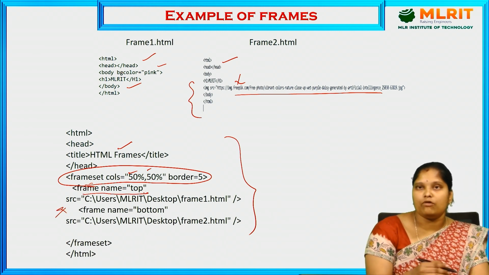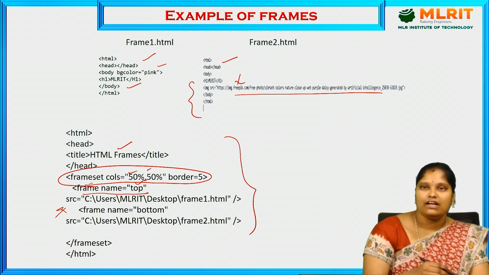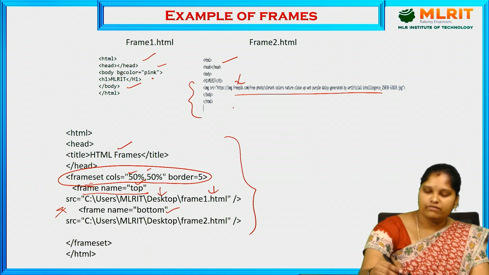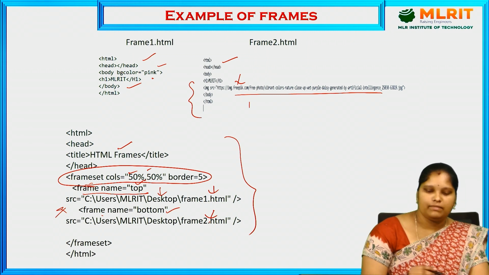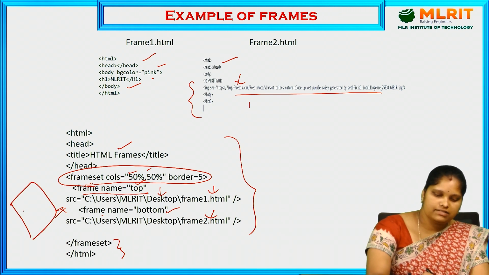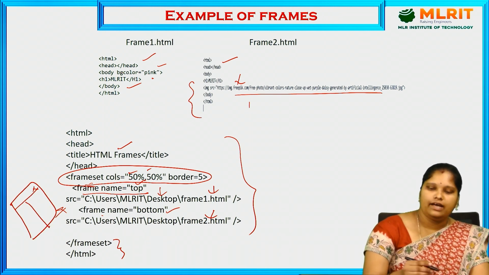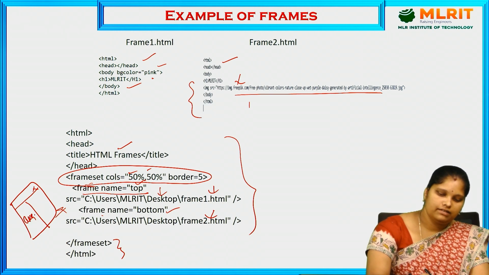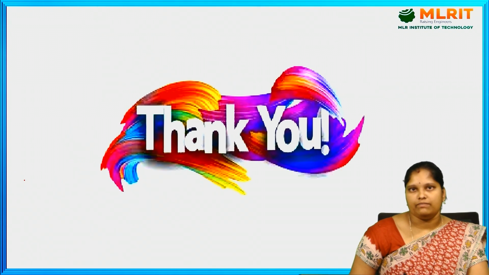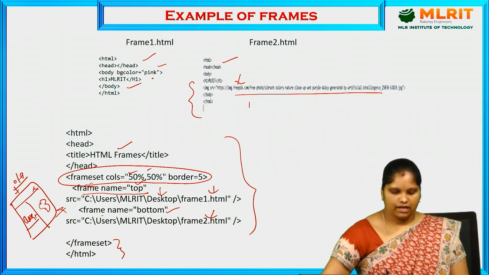I need to mention the name of each frame also. My frame name is top, and here my frame name is bottom. The top frame loads the frame1.html page and the bottom loads frame2.html. Next, close the frameset tag. The page is divided like this, with this page loaded here and some images loaded here. This is the output of frames. Now we'll see how it will execute.